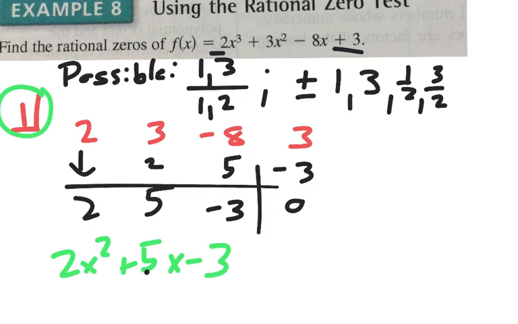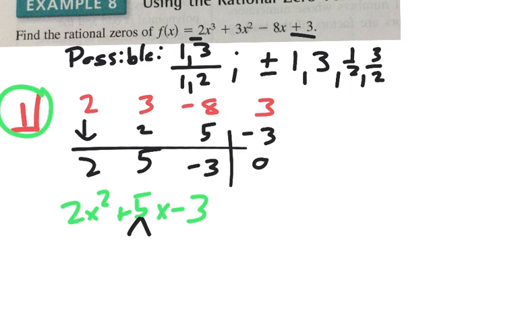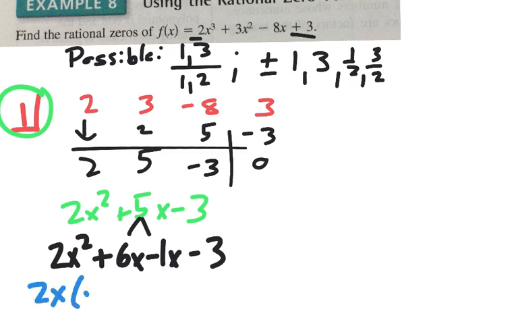So I'm going to rewrite this as 2x squared plus 6x minus 1x minus 3. GCF 2x, x plus 3, GCF negative 1, x plus 3, parentheses matched.